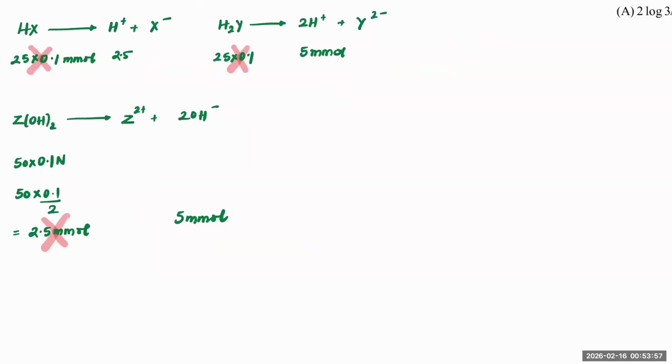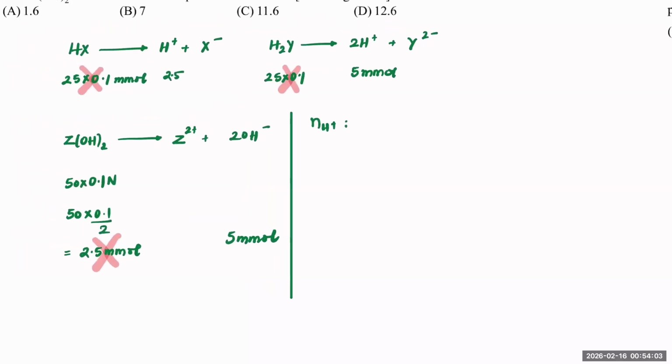So these are the current situations of the solutions. Now in such a case, what we can do is check the total number of moles of H plus ions. Total number of moles includes 2.5 plus 5, so total 7.5 millimoles. And total number of OH minus ions include 5 millimoles.